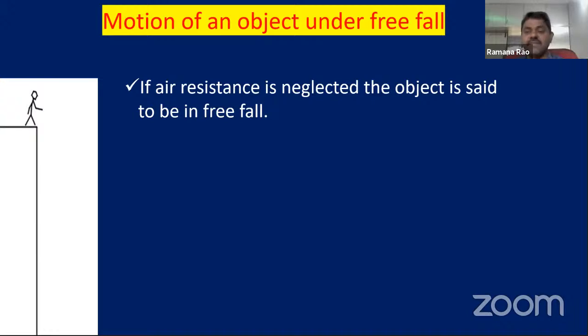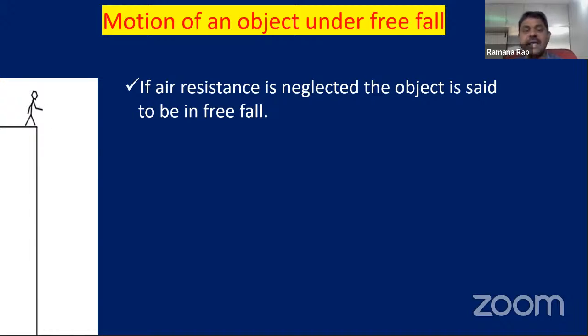Other than gravitational force, no other force is going to act on that object. Even though air is not going to apply any force on the body, that is said to be a free fall. I hope you got the point.